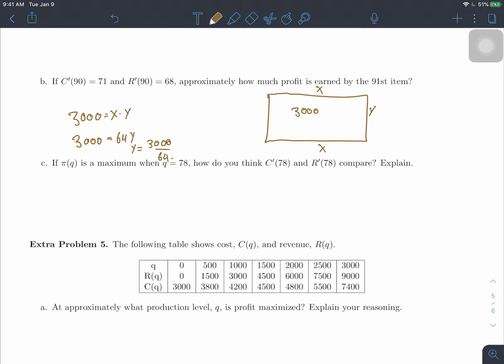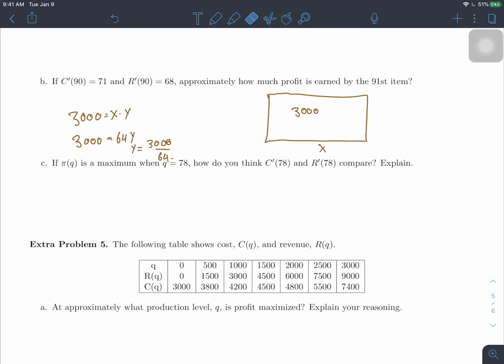So, in particular, if I have this setup, if I know that the area is 3,000 feet squared, and I know that the shape is a rectangle, if you tell me how long one of the sides is, I know all of the dimensions of the rectangle.